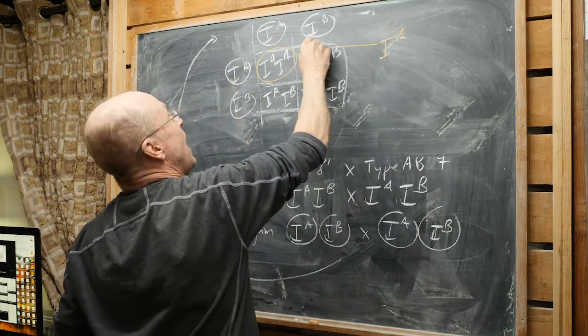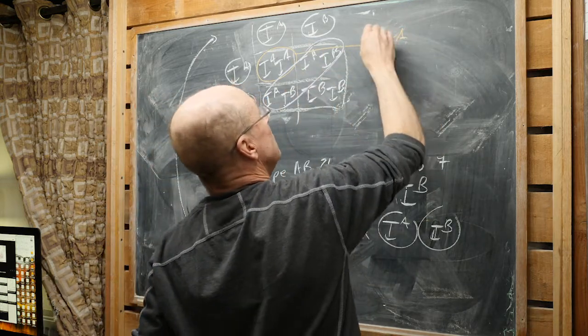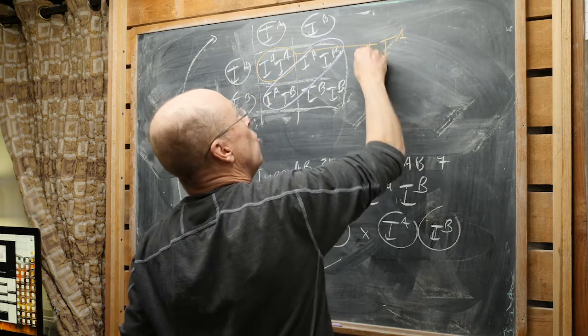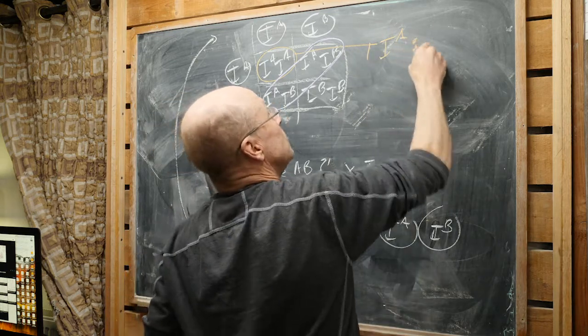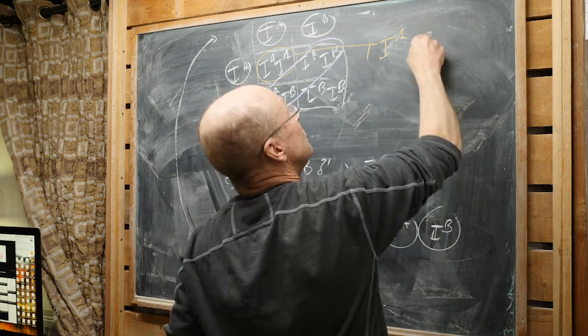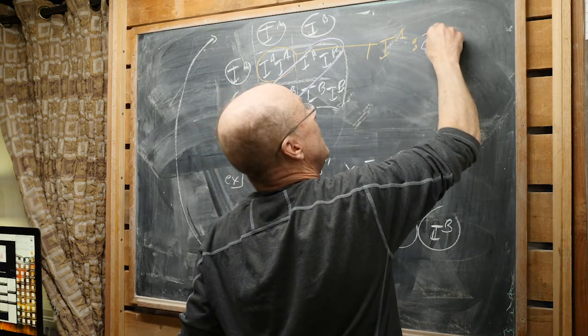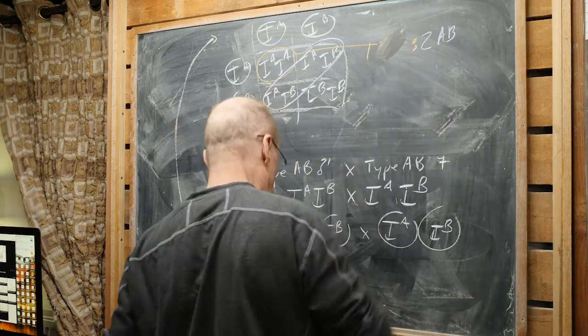and we've got two. So let's get a 1 in front of that. 1, 2, 2, which would be AB.